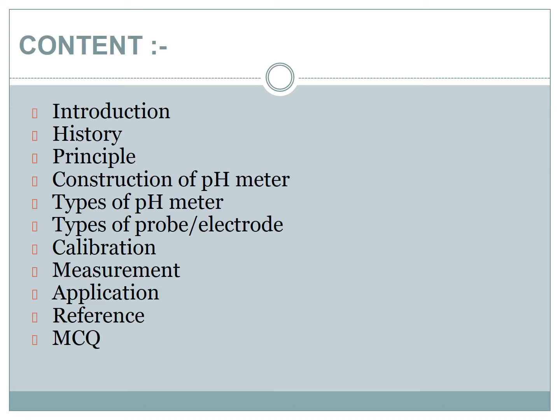This is the coverage of my lecture. We start with the introduction, then a little bit of history. We are not so focused on the history; we need to discuss the application. After that, we will discuss the principle, how it works, and the construction of the pH meter. After that, a little information about the types of pH meter and the types of probe or electrode that are used.